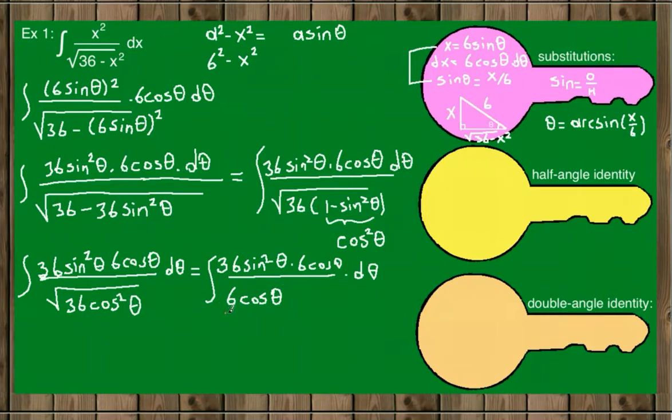Here 6 cosine theta cancels out 6 cosine theta, and we are left with 36 sine squared theta. We can take the 36 to the front, so 36 integral sine squared theta d theta.